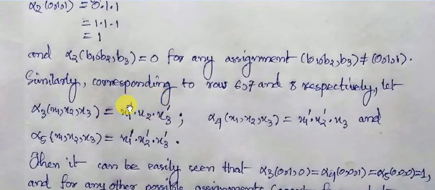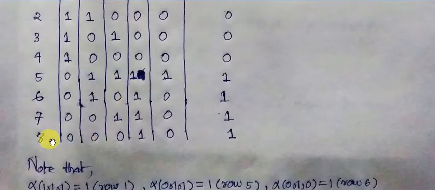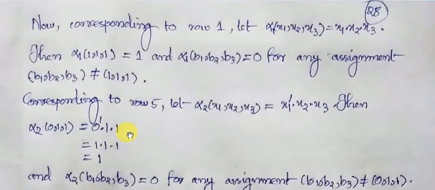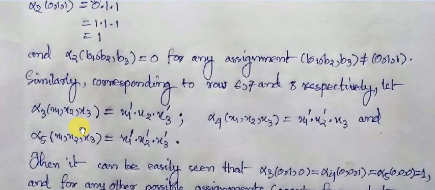Similarly, for this row 8, the values of x1, x2 and x3 being 0, 0 and 0, we shall take the min term for this assignment as x1 complement into x2 complement into x3 complement. Alpha 5 of x1, x2, x3 is equal to x1 complement into x2 complement into x3 complement.